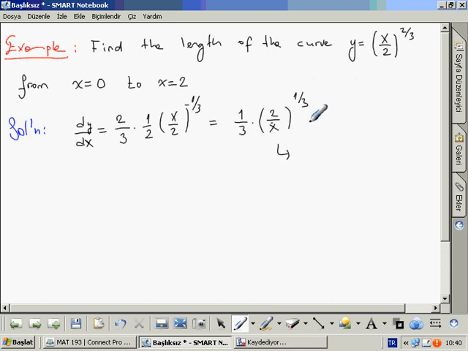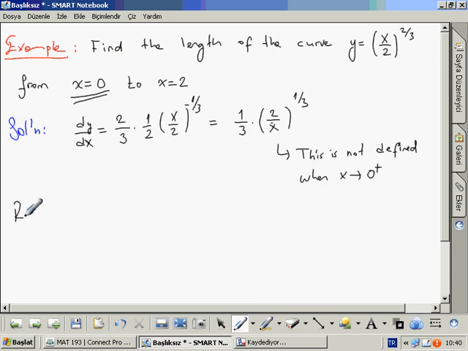For this, del y over del x is not defined when x approaches 0 from the right hand side, because x equals 0 is our boundary level.